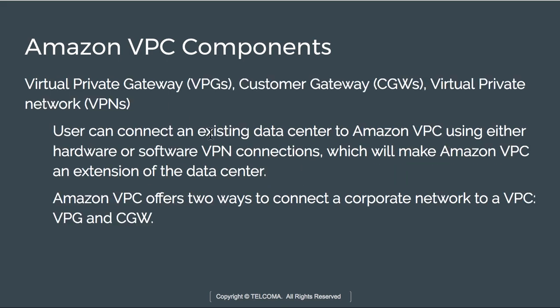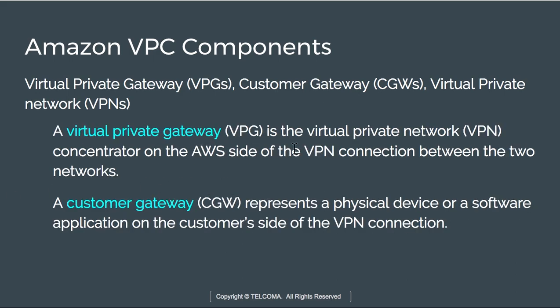Next we have the virtual private gateway, the customer gateway, and virtual private networks. A user can connect an existing data center to a VPC with the help of hardware or software VPN connections. VPC offers two ways to connect: the VPG, which is a virtual private gateway, and the customer gateway. A virtual private gateway is a VPN connector or concentrator on the AWS side between the two networks.